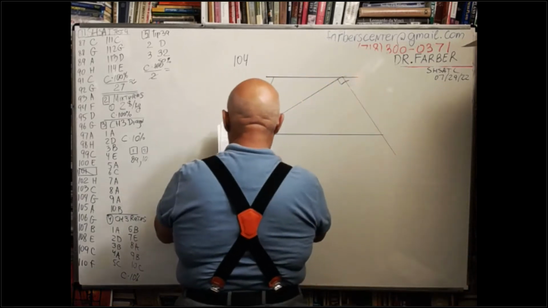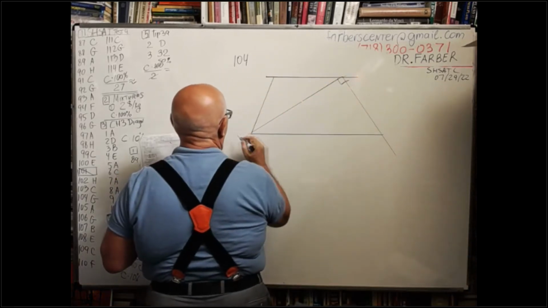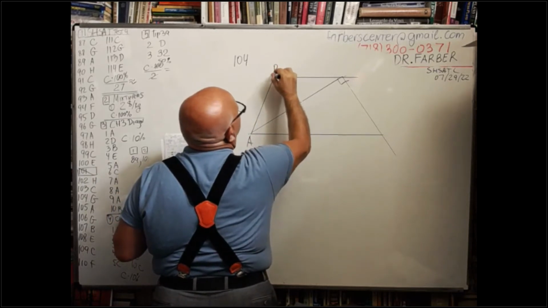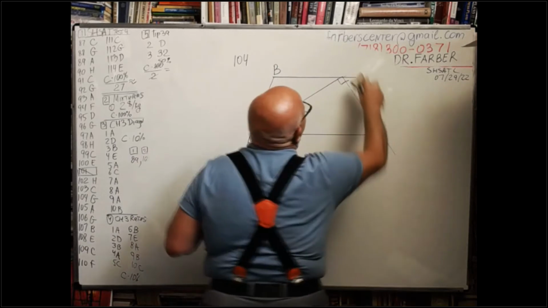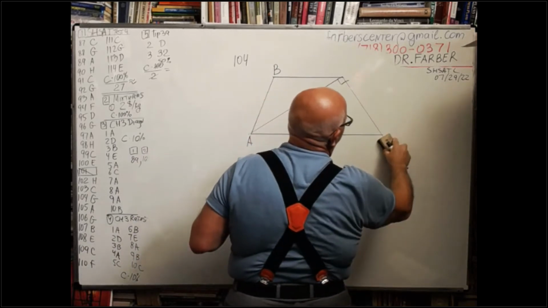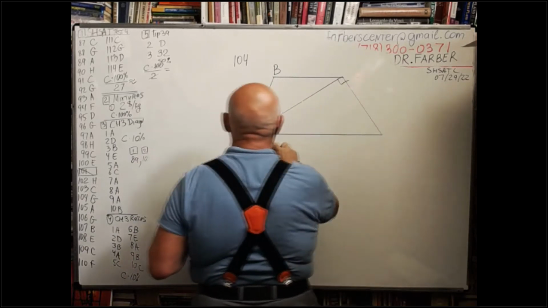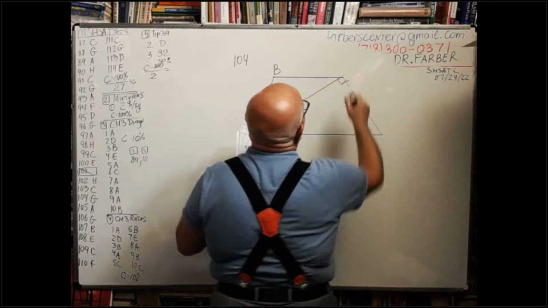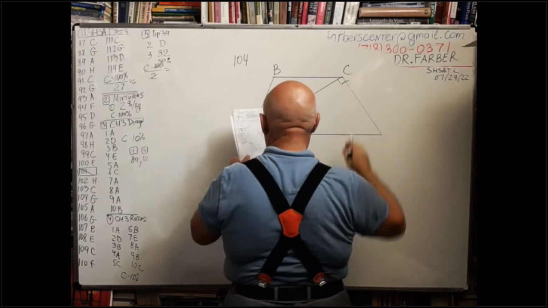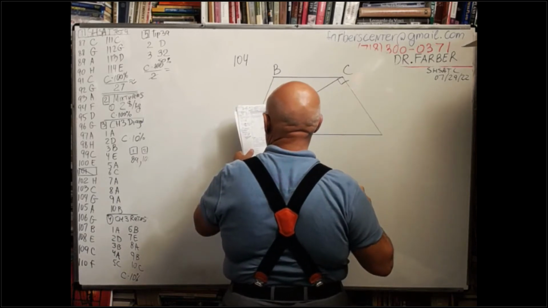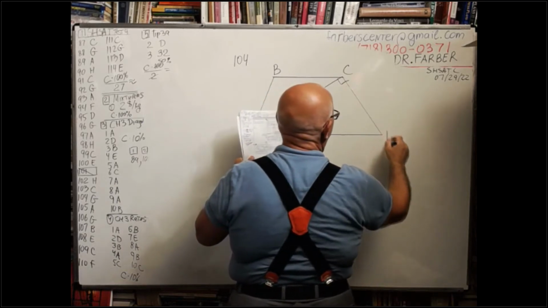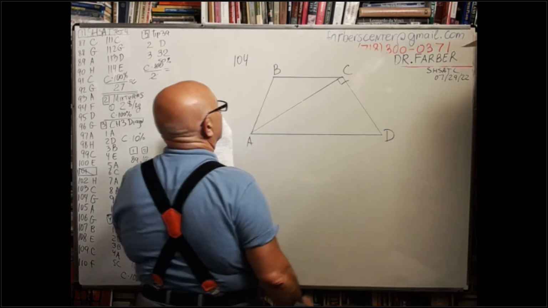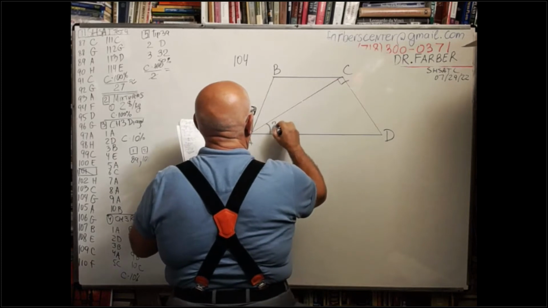A, B, C, D. What else is given? This angle CAD equals 30 degrees.